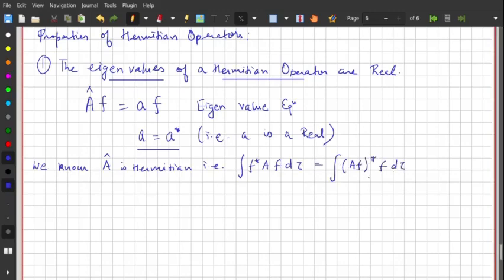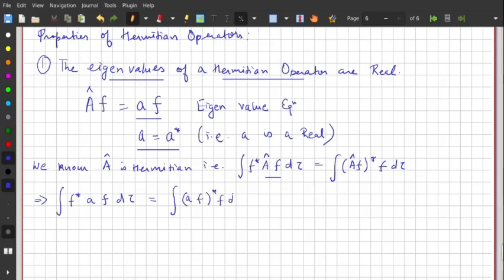So we just use the definition of a Hermitian operator. Remember, A is the operator. Instead of A f we substitute a f, because it satisfies the eigenvalue equation. So this becomes the integral of f star a f d tau equals the integral of (a f) star f d tau.